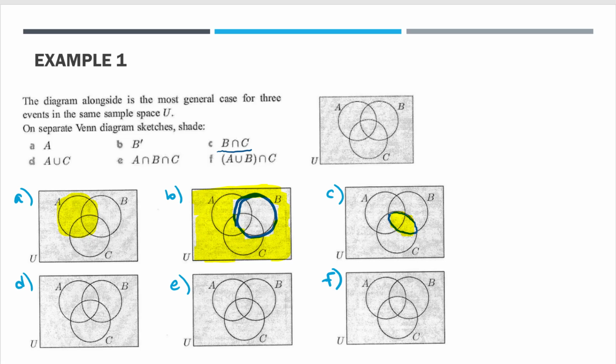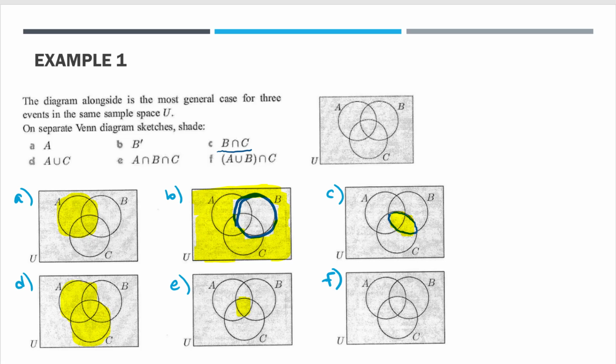For D, it's A union C, meaning A or C. So I'm going to highlight all of A, and I'm also going to highlight all of C. For E, it's asking for A and B and C. So it's asking for where all 3 events are overlapping. That's just in this little middle section.